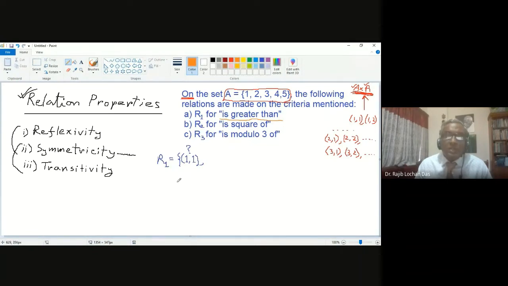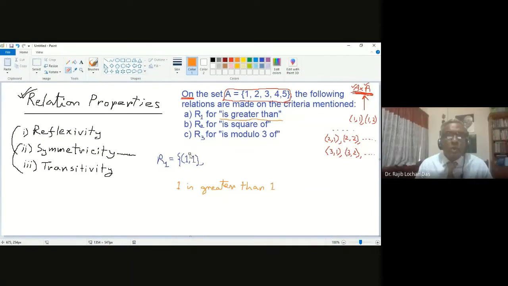If it is correct, then you take it. If it is not correct, then you do not take it. When the criteria is fulfilled, then you take the pair. So (1,1) is not possible.